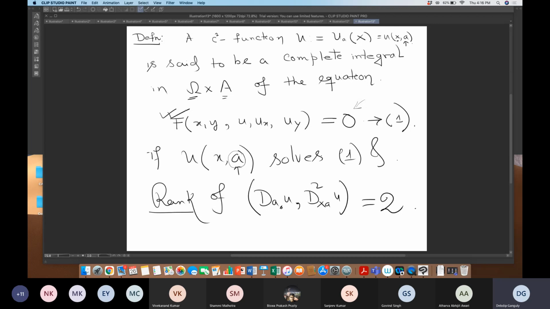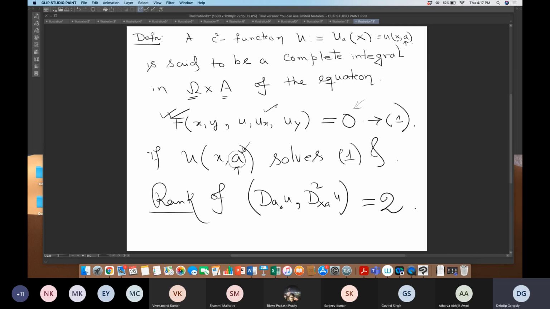We want to try to find all possible solutions of this PDE, and since this PDE has not been given any initial conditions, that is why this a is hanging around. Depending on this a, we will find a solution of this PDE. This will be very clear once we go to the example. You understand the point?